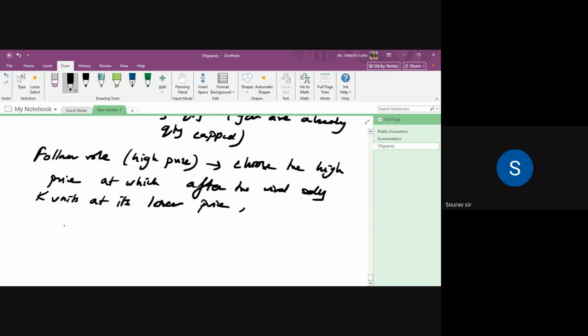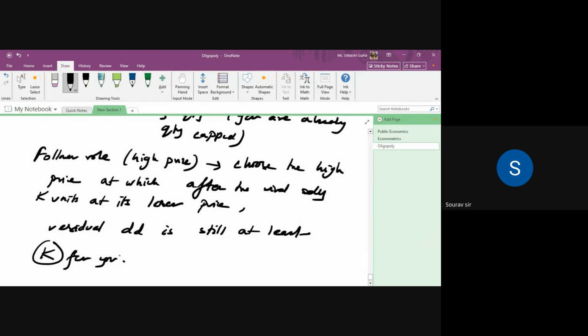Then residual demand is still at least K for you. That way you also sell K with a bigger margin.